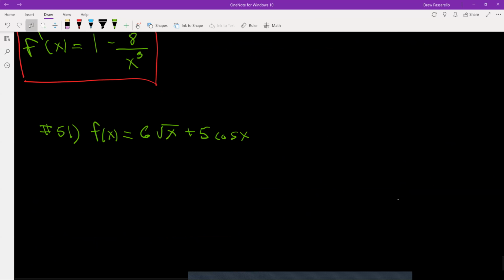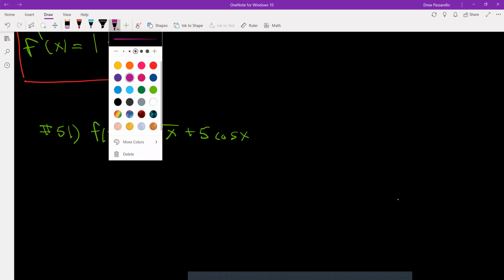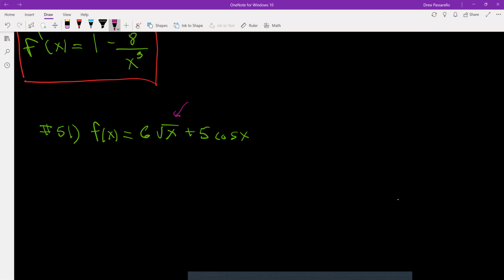Now, because there's a square root, we would rewrite this using the rule with radical signs, that if you have the nth root of x, that's equal to x to the 1 divided by n. So for example, if I have the cube root of x, that's equal to x to the 1/3.